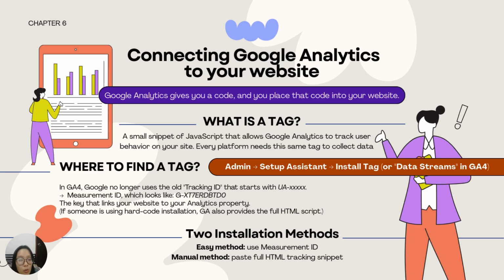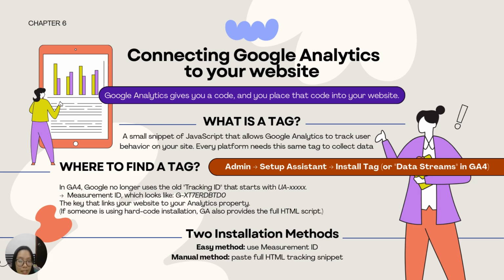So let's begin by locating the tag itself. The tag is a small snippet of JavaScript that allows Google Analytics to track user behavior on your site. Every platform, whether WordPress, Shopify, Wix, or anything else, would need this tag to collect data, and the easiest way to get it is through Google.